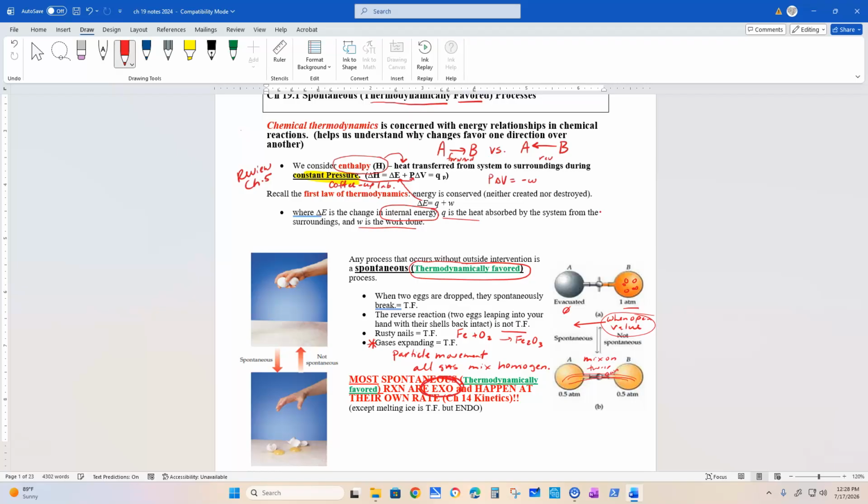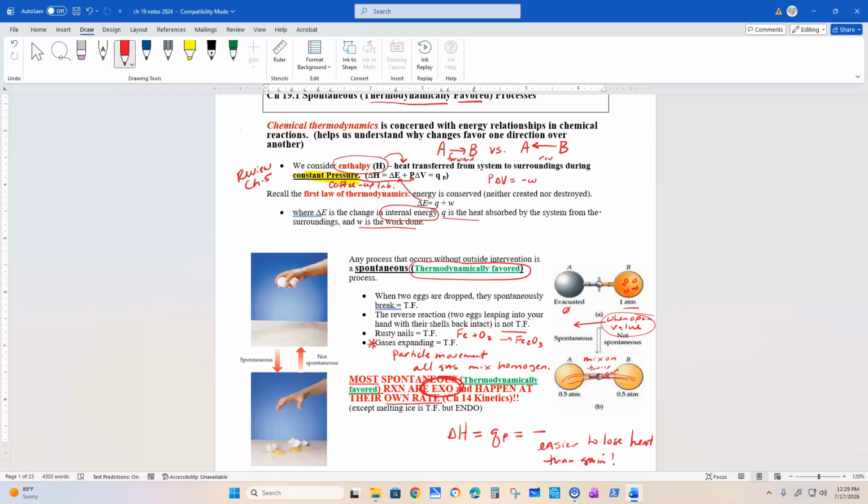Exothermic reactions. We want those delta H's or that Q at constant pressure, we want negative. And why? Because it's easier to lose heat than to gain. So we also know that exothermic reactions, they will happen at their own rate.